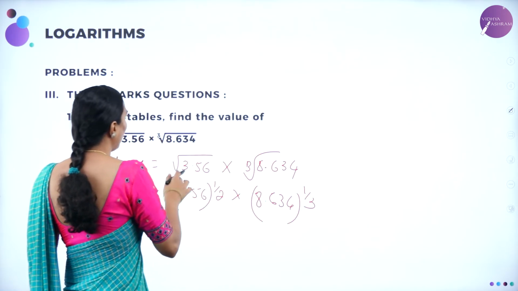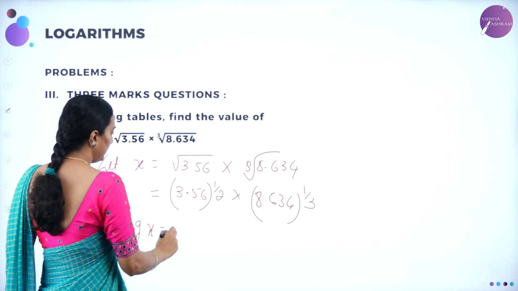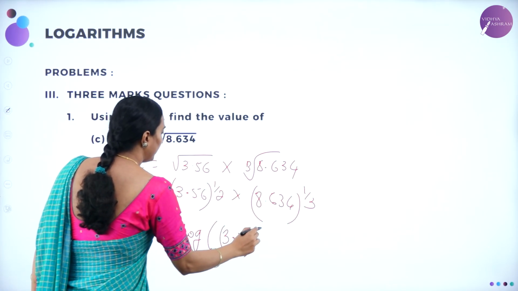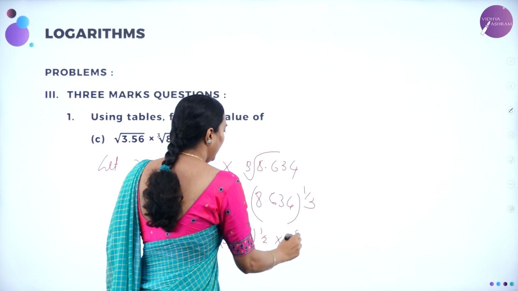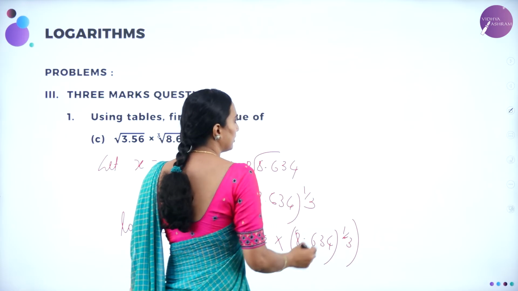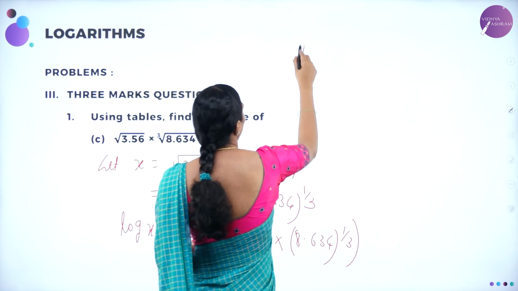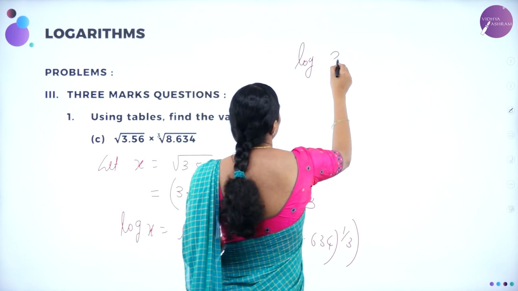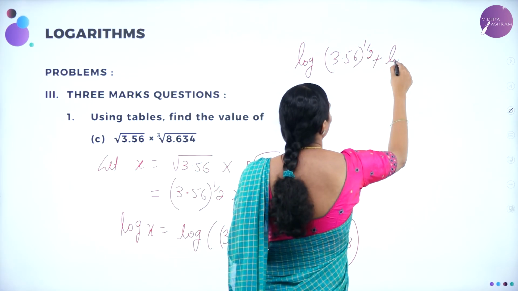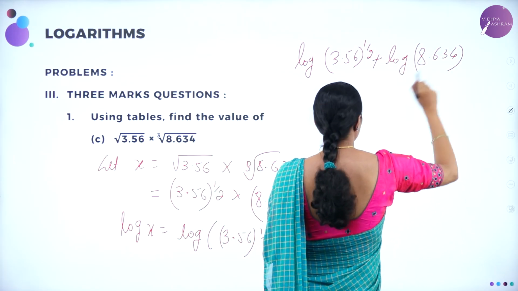So therefore, applying log on both the sides, what you are going to get is: log x will be equal to log of 3.56 to the power of 1 by 2 into 8.634 to the power of 1 by 3. Correct? So you can apply log m n, what is that? Log m plus log n. So log of 3.56 to the power of 1 by 2 plus log of 8.634 to the power of 1 by 3.